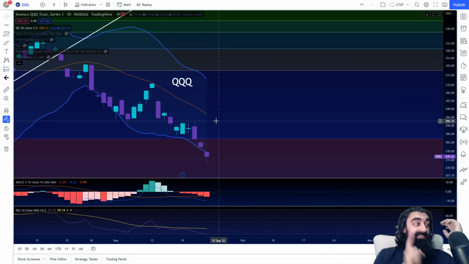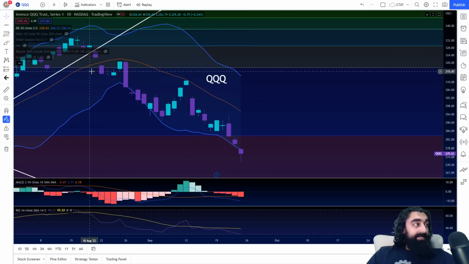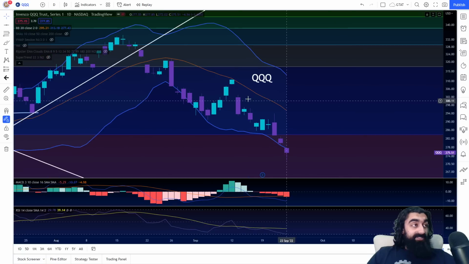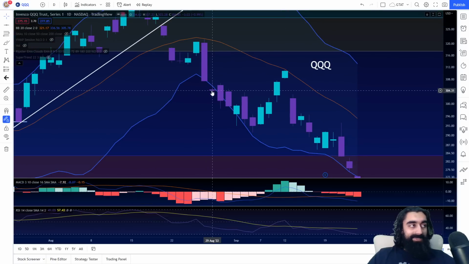One thing to take into consideration is that a few weeks ago, we were monitoring the history of opening and closing outside the Bollinger Bands and what that meant for the price of the stock moving forward. Generally, it only took about 2 or 3 days. So for example, on August 29th, when we made this open and close outside of the lower Bollinger Band, generally it only takes about 2 or 3 days for us to break above this candle's high.